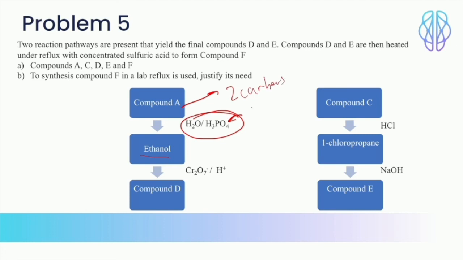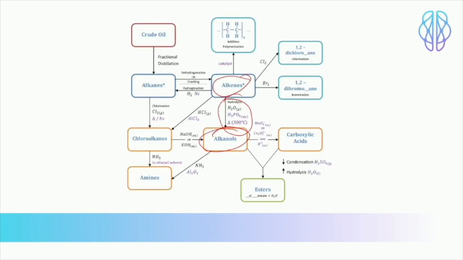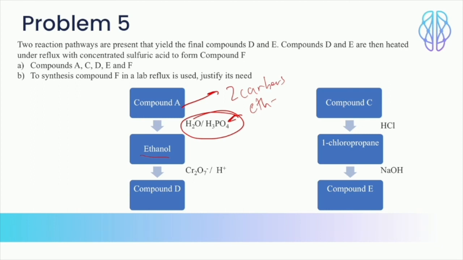So we know it's going to have eth something, we just don't know what type of functional group it has, so we can consult our mind map to figure that out. If we look at our mind map, I've highlighted this exact reaction here. So alkenes undergo a hydration reaction with the exact intermediates, water and phosphoric acid, to form our alcohol, which is going to be ethanol. So thus our original alkene is going to be ethene, which is compound A. So I'll just write ethene here.